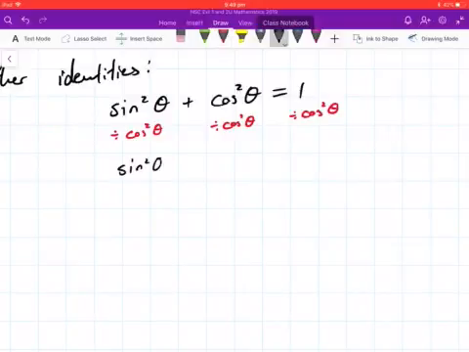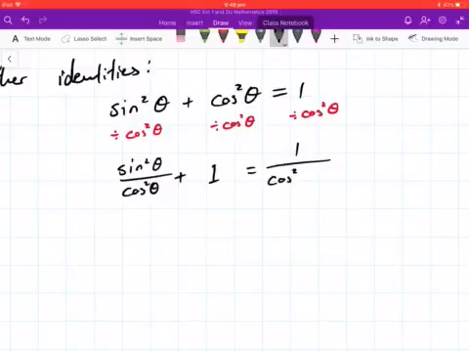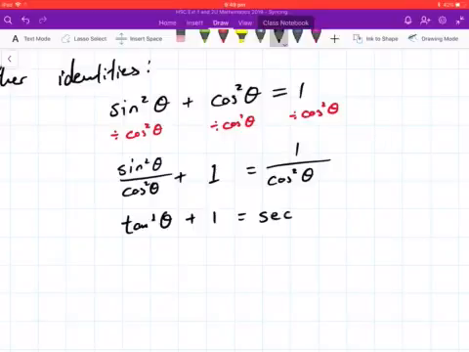We get sine squared theta over cos squared theta plus, well, cos squared theta divided by cos squared theta is just 1, and that's equal to 1 over cos squared theta. Now we just saw that sine on cos is tan, so this becomes tan squared theta plus 1 is equal to 1 over cos is sec theta, so this becomes sec squared theta.